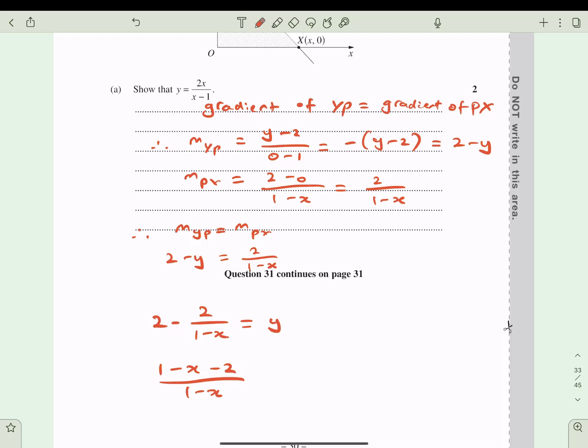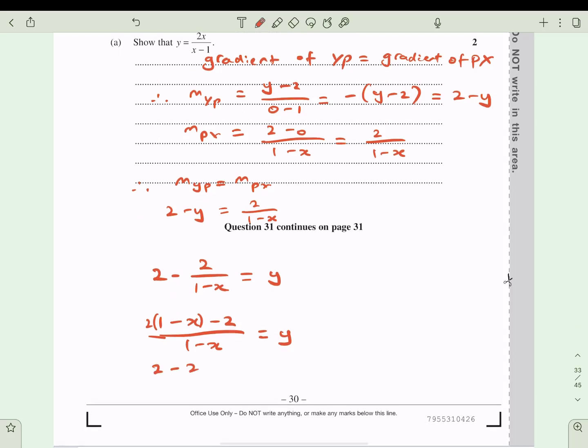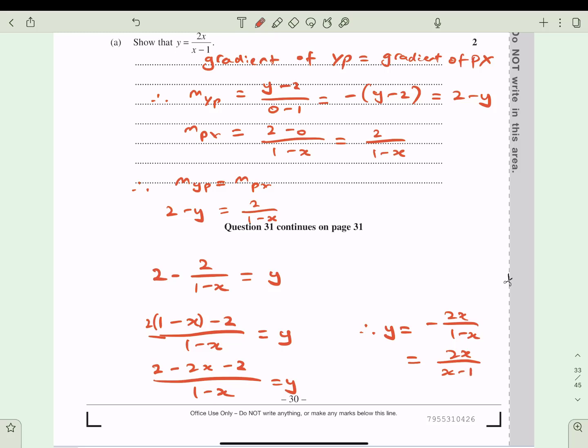Sorry, I forgot to factorize out the 2, so that should be like that. And so therefore 2 minus 2x minus 2 over 1 minus x equals y. Therefore, y is equal to negative 2x over 1 minus x, which is equal to 2x over x minus 1. Okay, so that's what we were required to show, and that should be my answer for part A.